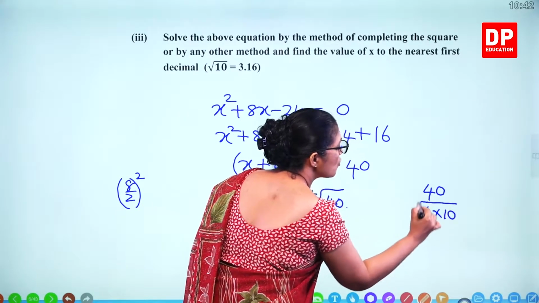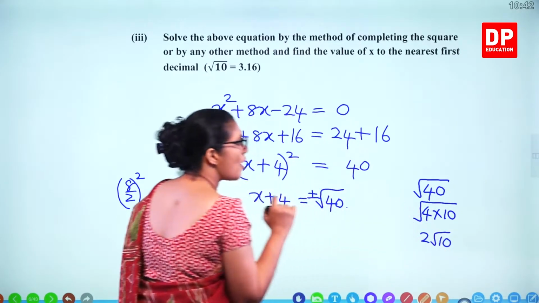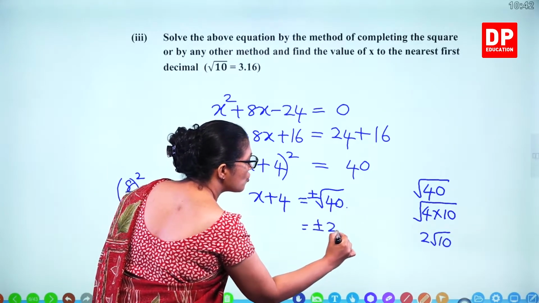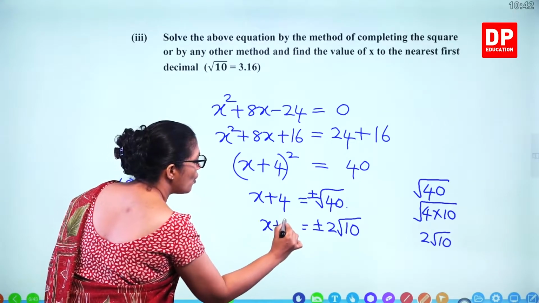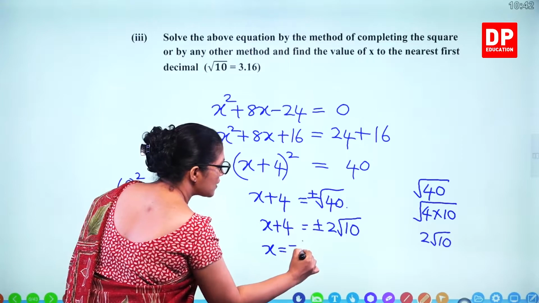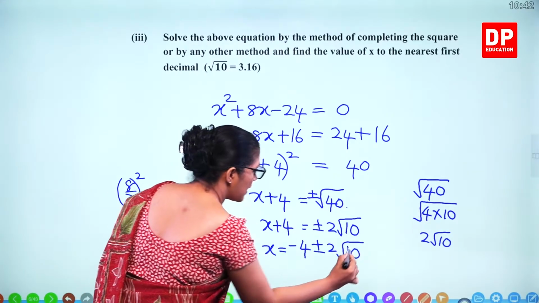When you take the square root, you get 2 root 10. Square root of 4 is 2. So we can write 2 root 10 is x plus 4. So what is x? Take 4 to the other side. That's minus 4 plus or minus 2 root 10.